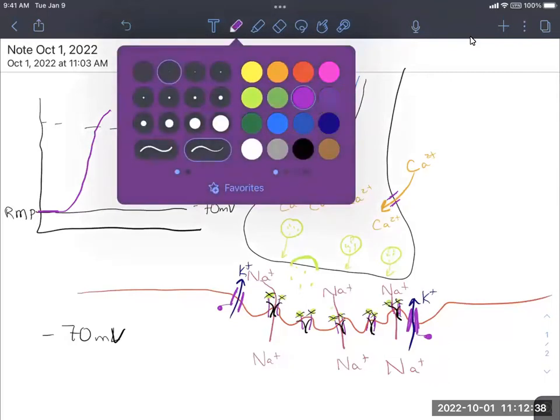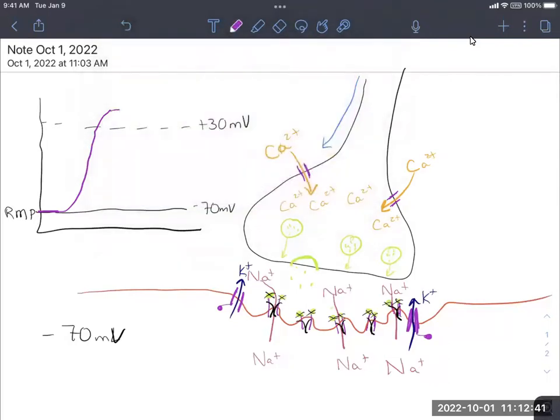As potassium flows out, because potassium is also positively charged, just like sodium, when that potassium starts to leave the cell, our charge comes back down to closer to that resting membrane potential.